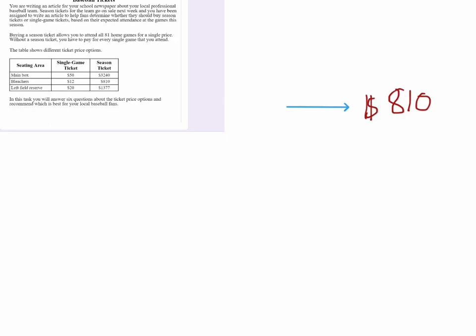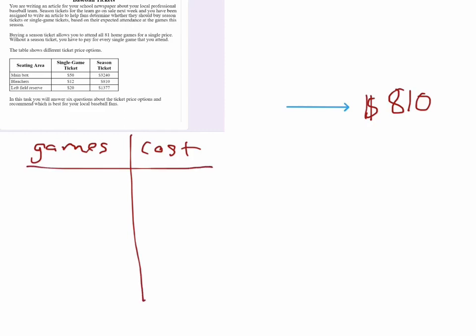So, one way, this is the brute force way. I would not recommend this way, but this is how I want people to know how to do it if you get to this problem and you're stuck. You do games and you do cost. And you could just keep going until you find that you're over.